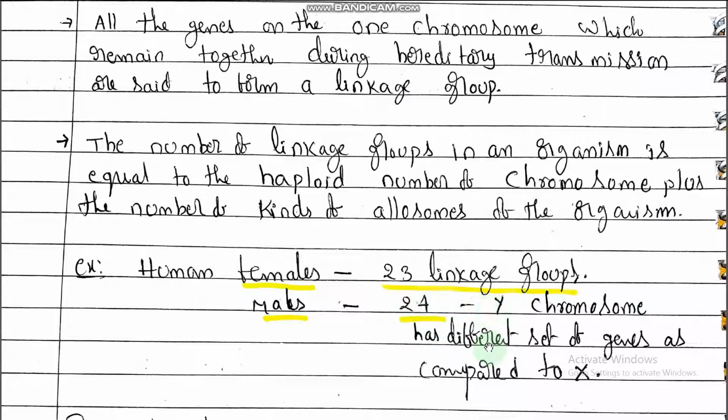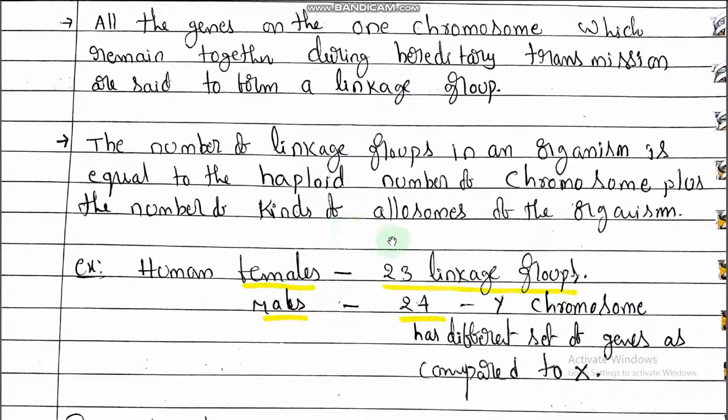The Y chromosome has a different set of genes as compared to X. So 23 plus 1, 24. You got it or not? Why here not taken 1, and why here taken 1? Because in human females, all are the same type of chromosome, so 23 linkage groups only. We should not take 23 plus 0, because all are the same type of allosomes.